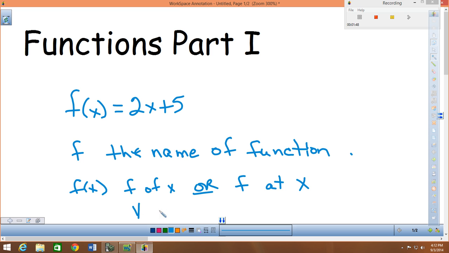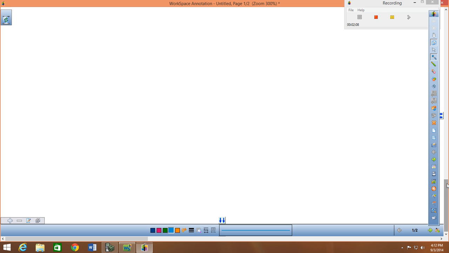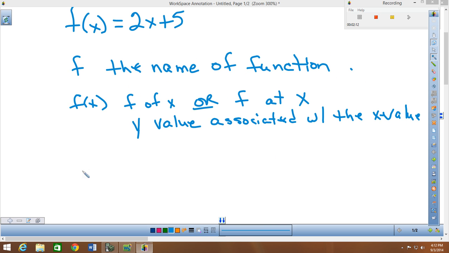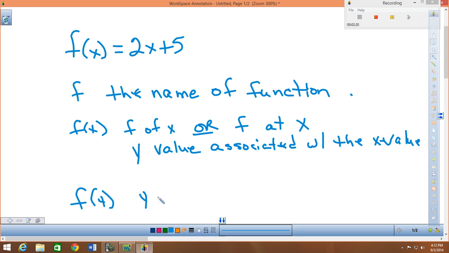And that is the y value associated with the x value. Okay. So this right here, f of 4, that means the y value when x equals 4.